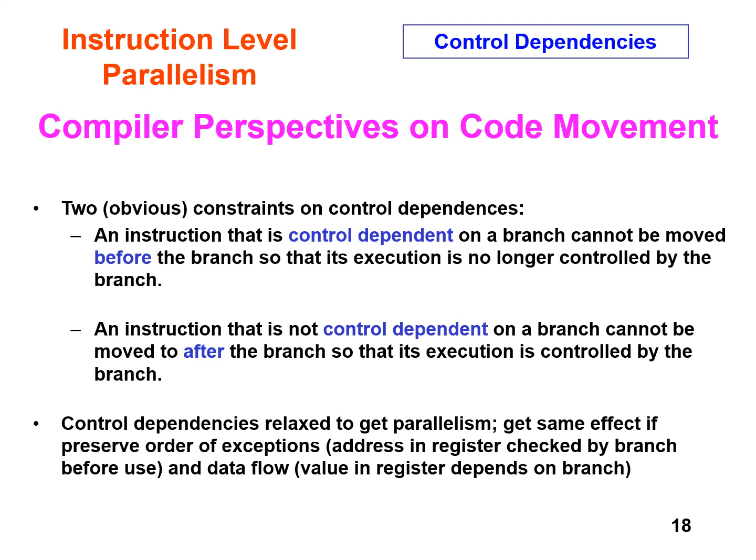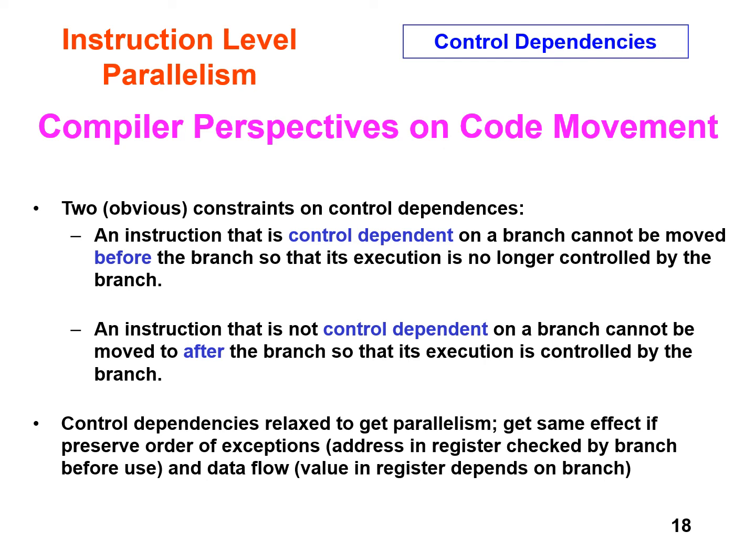And we also have the dependency called control dependency. An instruction that is control dependent on a branch cannot be moved before the branch, so that its execution is no longer controlled by the branch. The instructions within the branching instructions cannot be moved out of the branch.